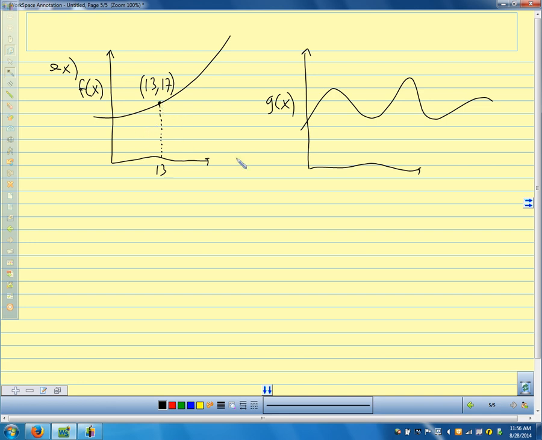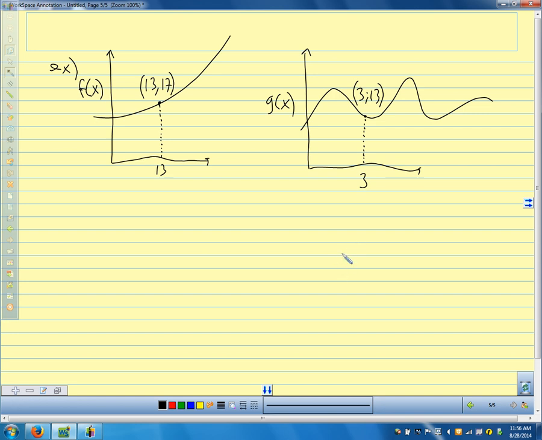That's that point. And on g, that's the point 3, 13.